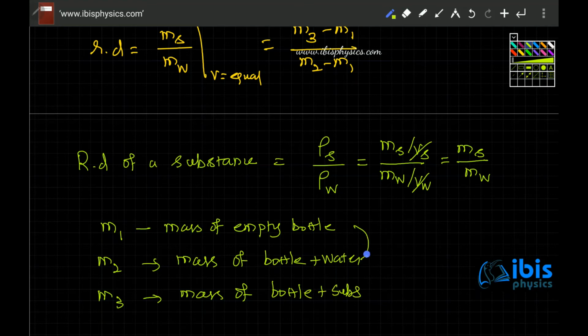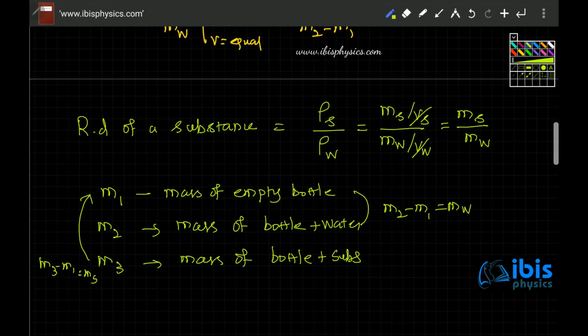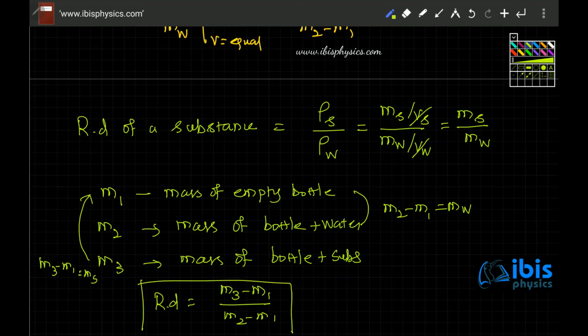If you subtract, M2 minus M1 gives the mass of the water. M3 minus M1 gives the mass of the substance. Then based on the density bottle experiment, relative density is equal to the mass of the substance, which is M3 minus M1, by M2 minus M1.